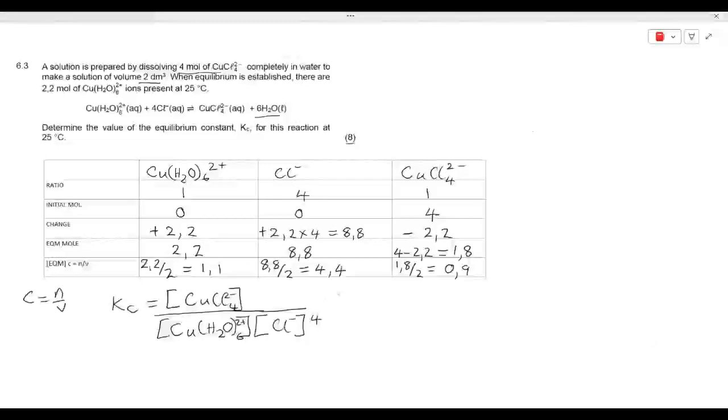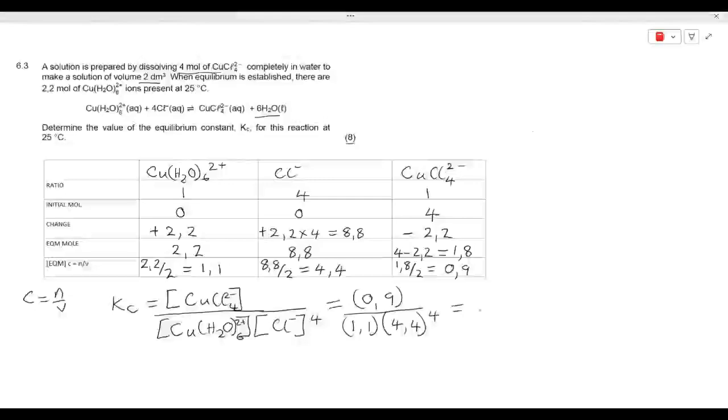So now once we have got this, we can substitute our values. So here we have got 0.9 divided by 1.1 and 4.4 raised to the power 4. And we can make use of our calculator.